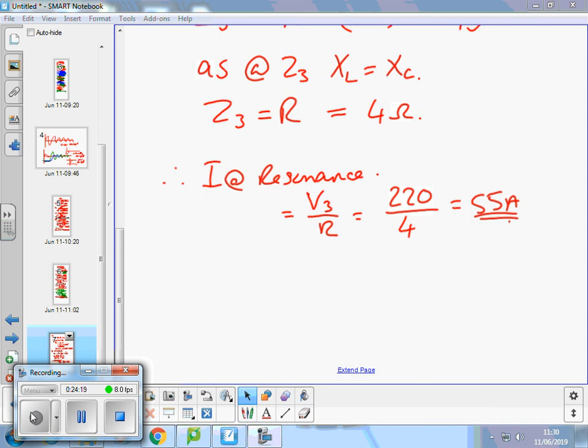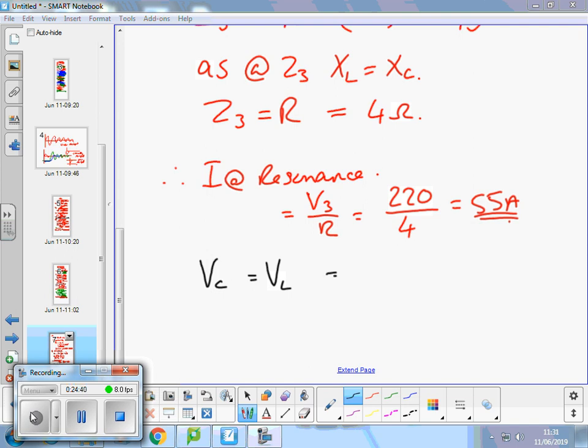Okay, and then also the VC is equal to VL in magnitude at least. They're opposite in angle, but we're interested in the magnitudes here.